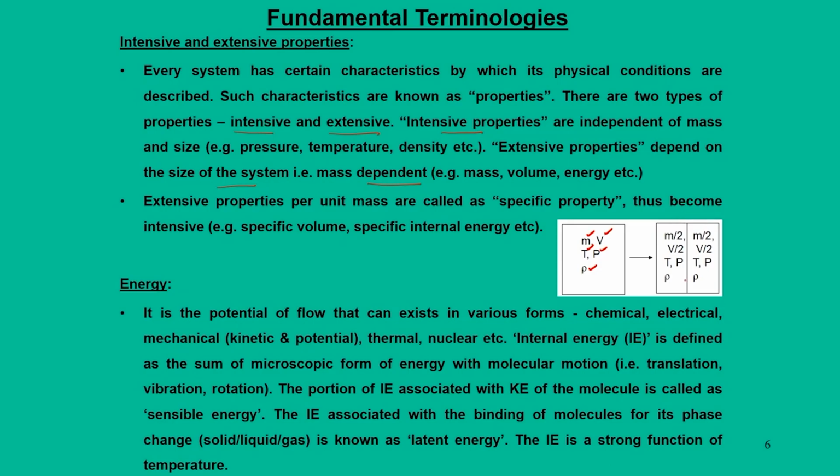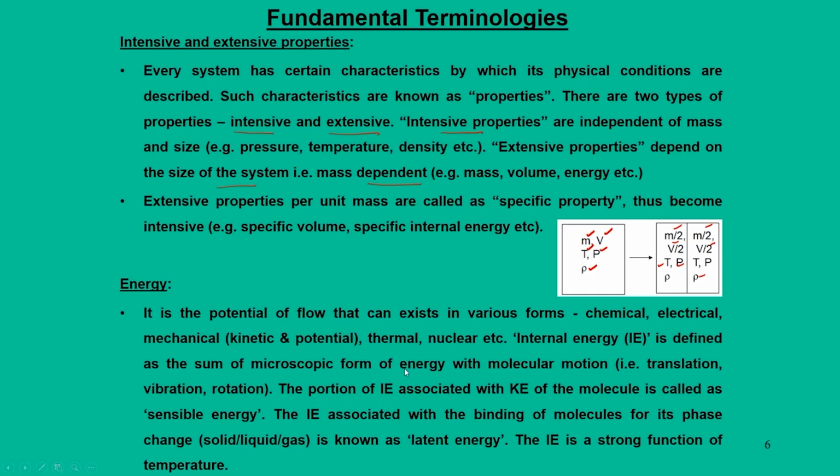If you drop a partition in between, we can make the mass half, the volume also half, but the gas or fluid in both partitions will have the same pressure, the same temperature and the same density. That means pressure, temperature and density do not change whether the mass changes. So pressure, temperature and density are mass independent. That is what we call intensive properties, and the others are extensive properties.